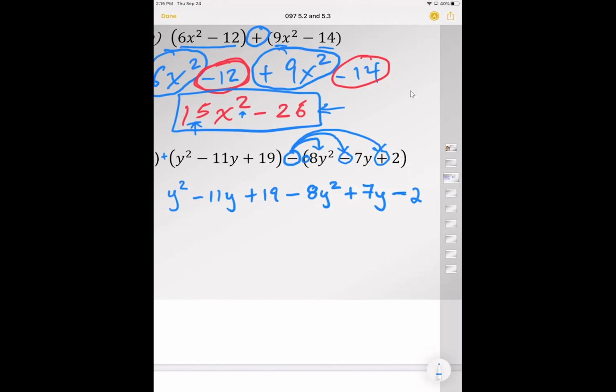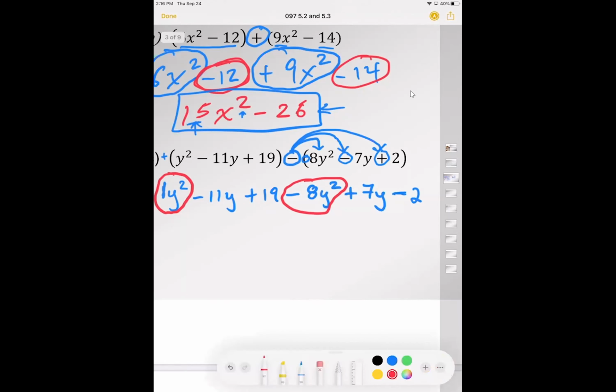And once you have that, a lot of students, if you're in doubt and there's no number in front here, you can always put a 1 there to make sure that you have 1y squared and a negative 8y squared. That is my like terms, my y squared and my y squared.